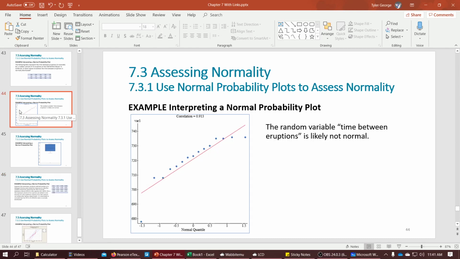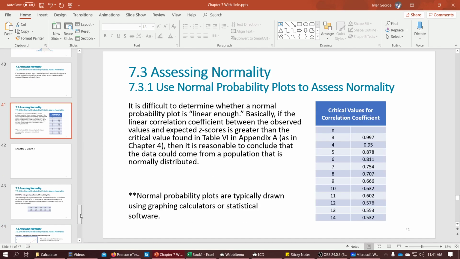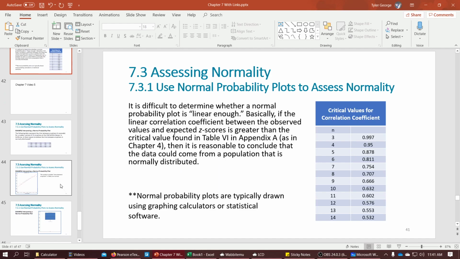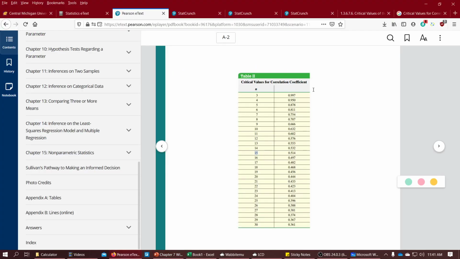I have now found what I was looking for, which is the entire table that we had before. And as I thought, there's definitely an error in the PowerPoint, so I will get that fixed. So our previous example, we had this plot with the correlation of 0.913. Now flipping to the full n value table, this is from our textbook, we go to n equals 15 and it's 0.514.